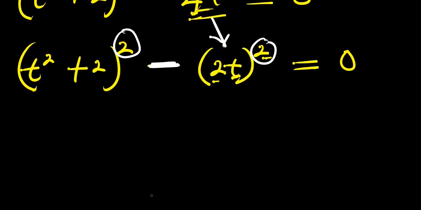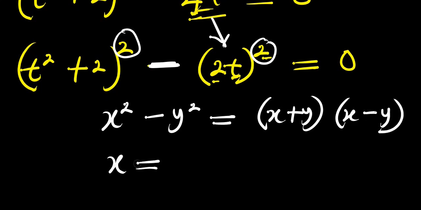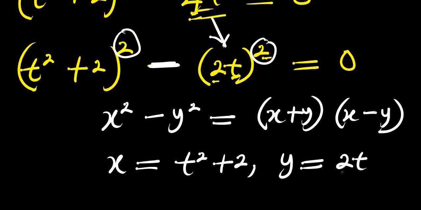We can make use of the difference of two squares. Now, if you have x squared minus y squared, this equals x plus y times x minus y. And in this case, our x equals t squared plus 2 and y equals 2 times t.